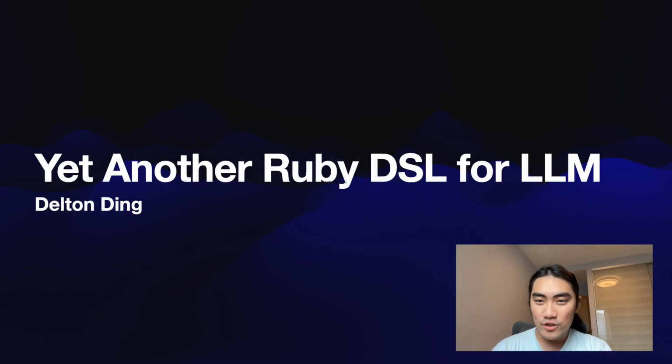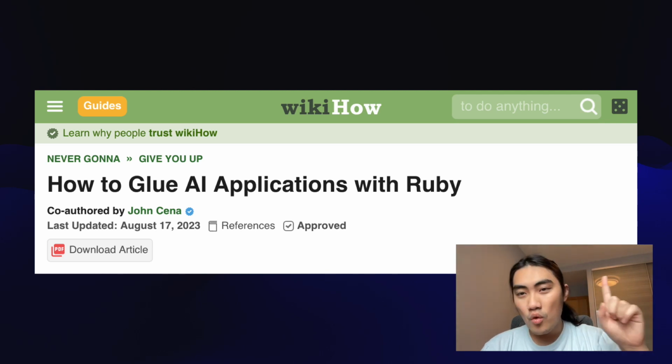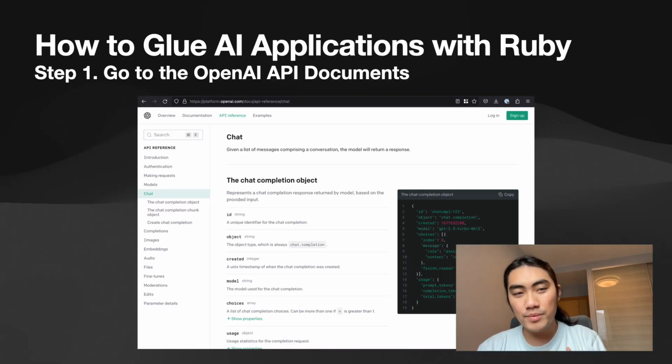Large language models, or services like ChatGPT, are getting very famous and popular recently. So if you want to build an AI application with an LLM in Ruby, here's how. Step 1, all you need to do is open the OpenAI API documents so that you can read how to send a request and how to parse the response from the OpenAI servers.